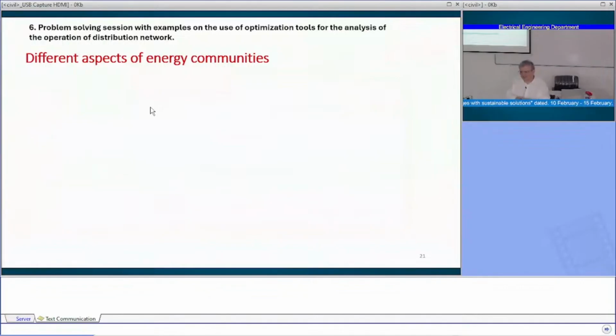So until now we have seen a unique optimization problem for all the community in this case. So the optimization of the community with a central optimization. And the optimization is carried out by taking the measurements, the data that are available by the monitoring systems of the users, collects all the data, the present data, and also the forecast.